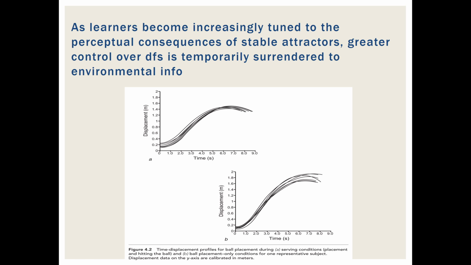So learners in that second phase become increasingly more tuned to environmental information. And there's one study that showed that when someone is asked to serve a volleyball, without an actual volleyball being present, the movement pattern that they use to do so is entirely different than when a ball is present.